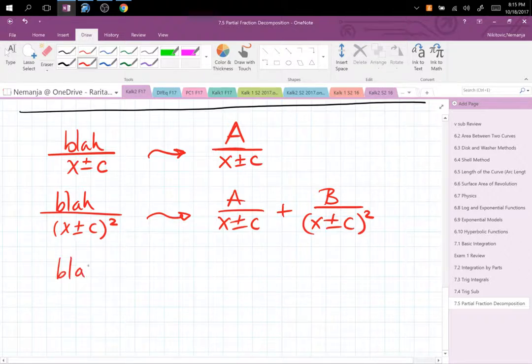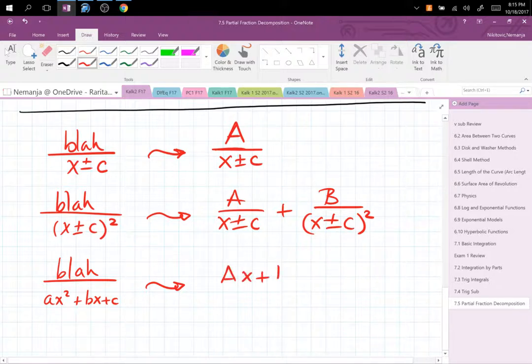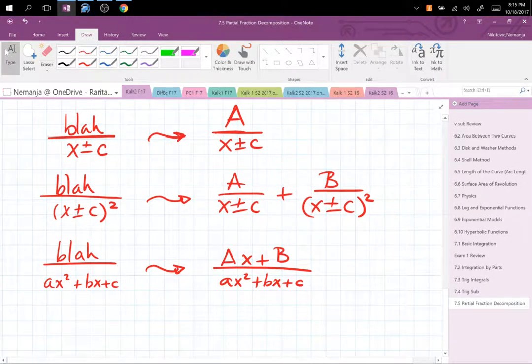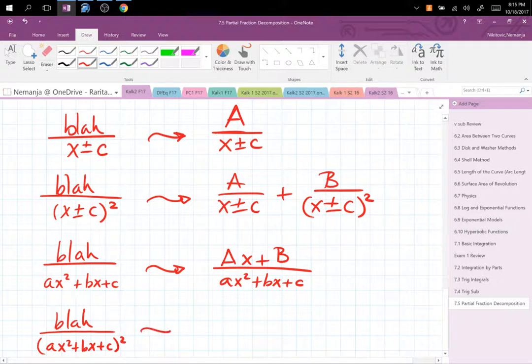If you have an irreducible quadratic, so ax squared plus bx plus lowercase c, the setup for that is Ax plus B divided by ax squared plus bx plus c. And the last one is the irreducible quadratic repeated. So ax squared plus bx plus c, squared, and you should have the same as for the repeated linear.